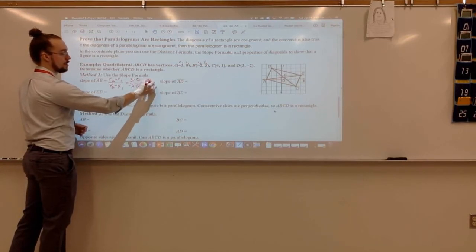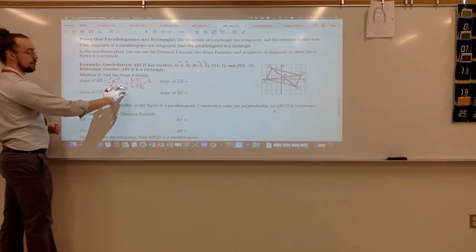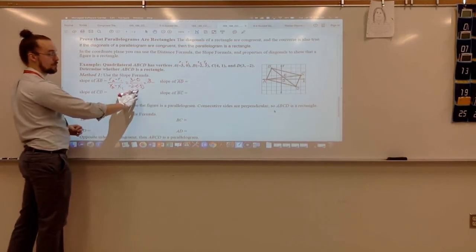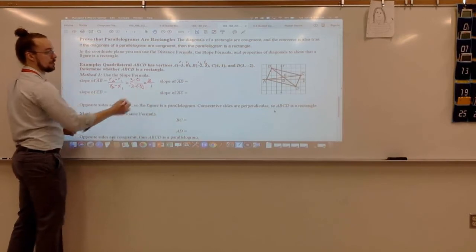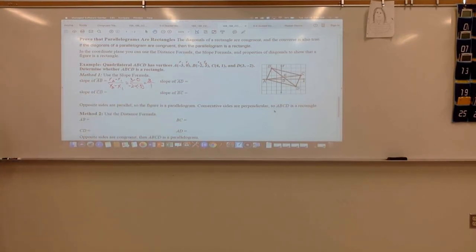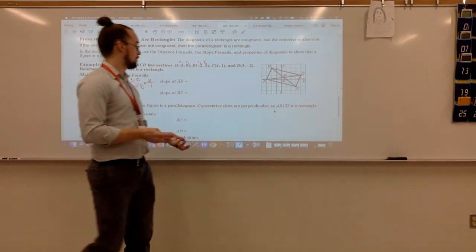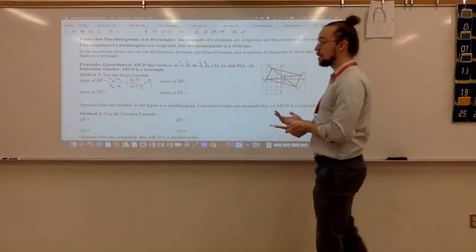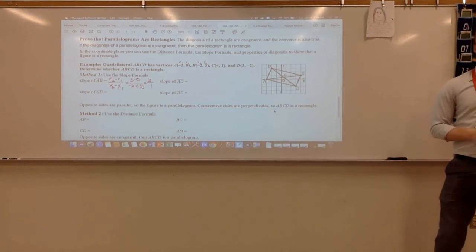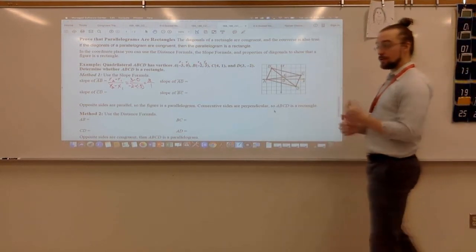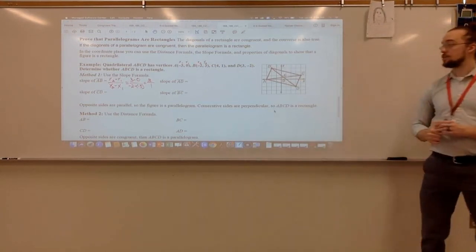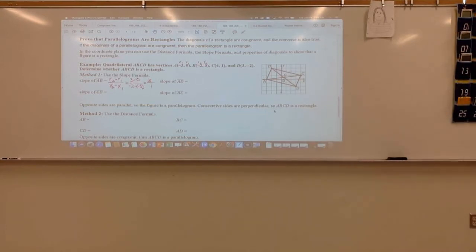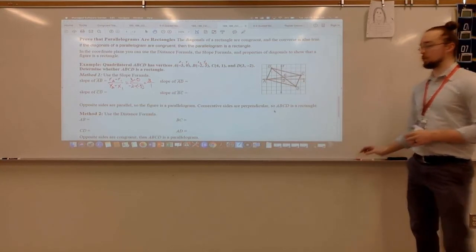So that'll be 3 over negative 2 plus 3, which is 1. So the slope of AB is 3 over 1. Now take a minute and find the slope of the other three sides of this potential rectangle, and we'll see whether it is a rectangle by comparing the slopes.